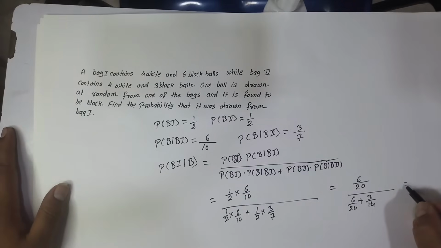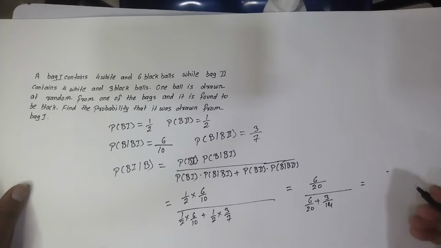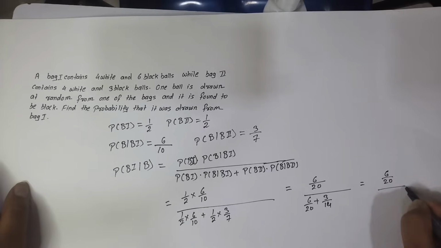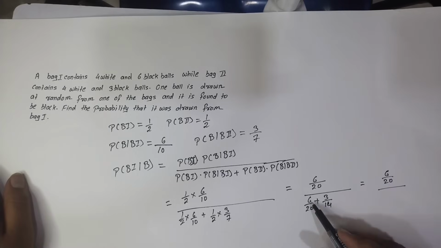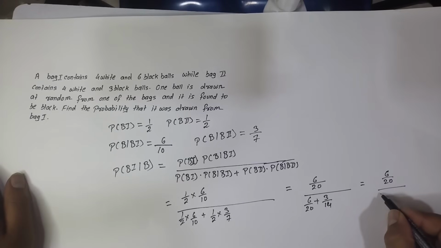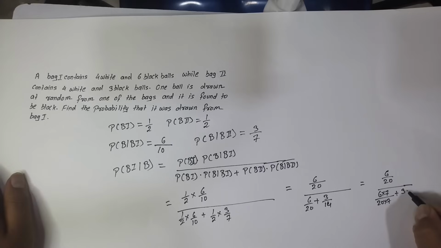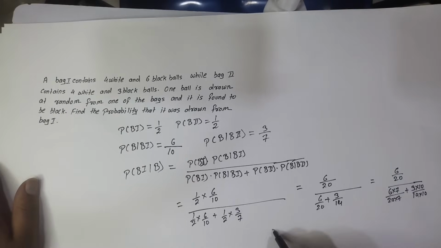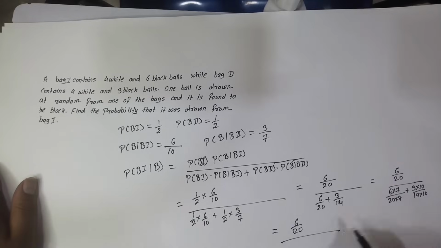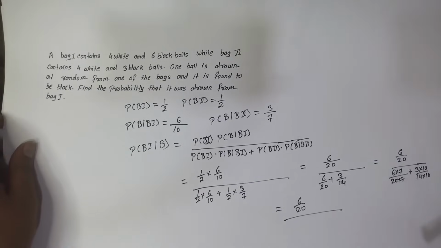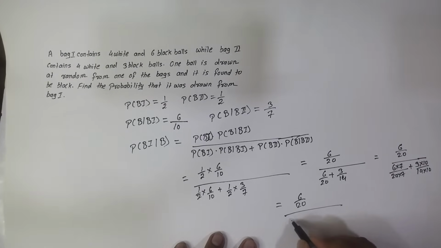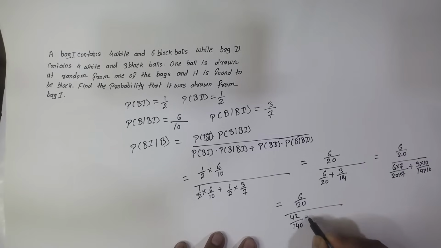So now let's take the LCM. For 6 by 20, we will perform a cross multiplication. 6 into 7, 20 into 7, plus 3 into 10, 14 into 10. So this will give us 6 by 20 divided by 42 by 140 plus 30 by 140.